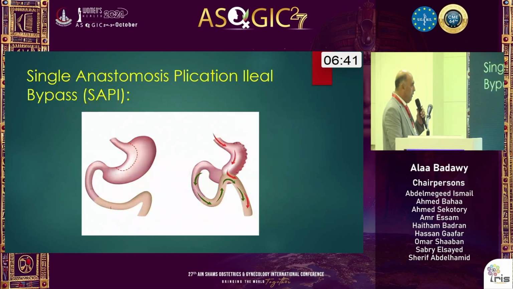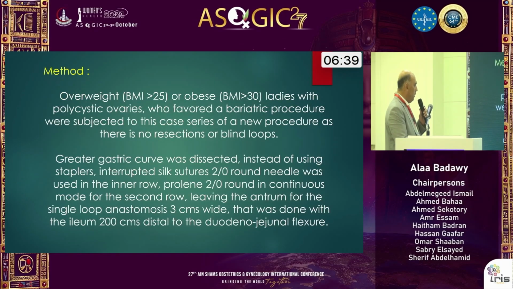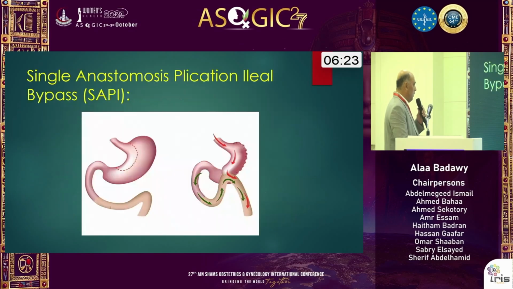This is actually the technique. I'll describe it to you. The greater curve was dissected and then imbricated inwards after dissection with either harmonic scalpel or ligature. These are just the technical details. This is the normal stomach here, and this is the part resected in sleeve cases. This is the new procedure that we adopted.